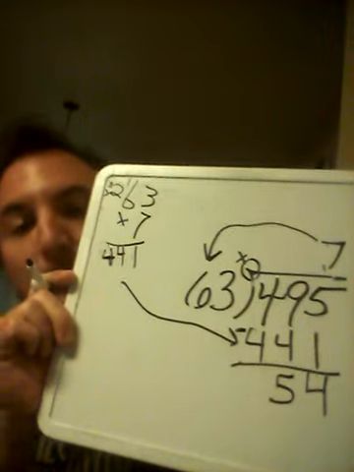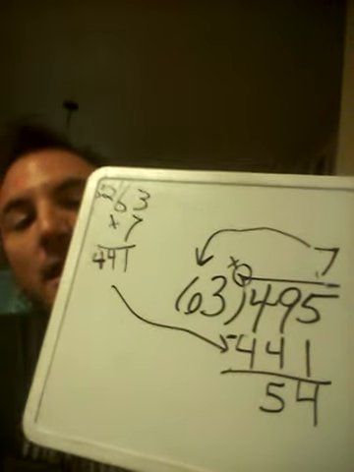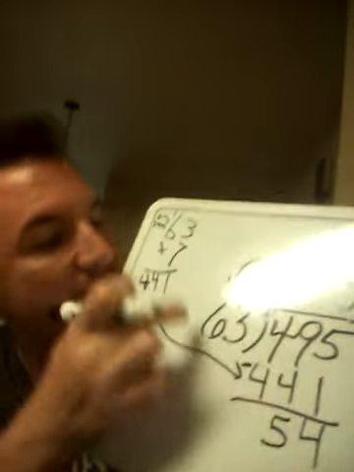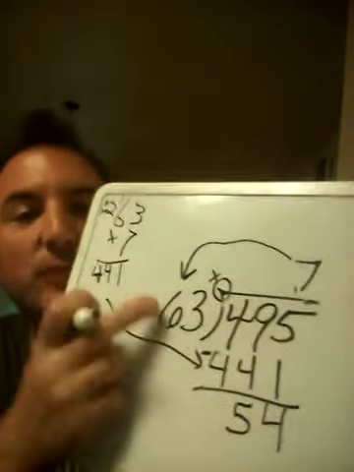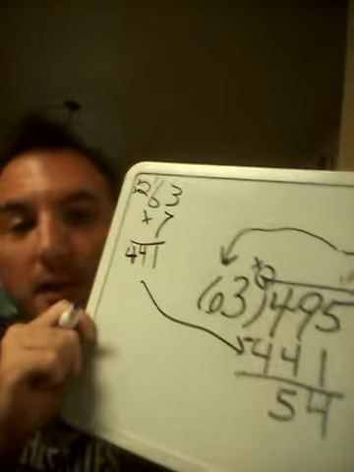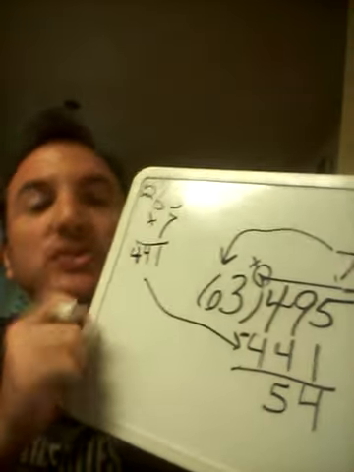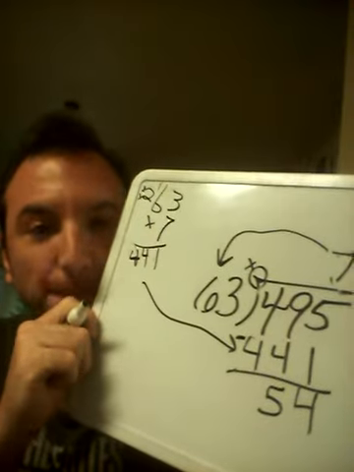Okay, so now I repeat the steps. Now I ask myself, how many times does 63 fit into 54? Oh, wait a minute. 54 once again is too small for a 63. It doesn't fit, does it? So now I'm going to have to make the 54 bigger, right?